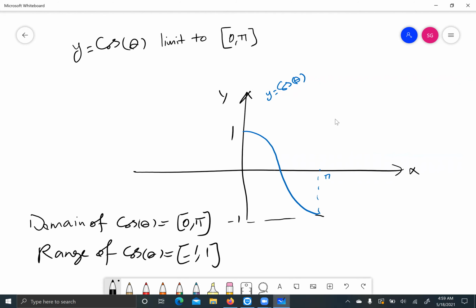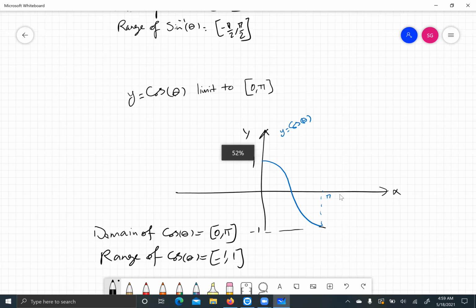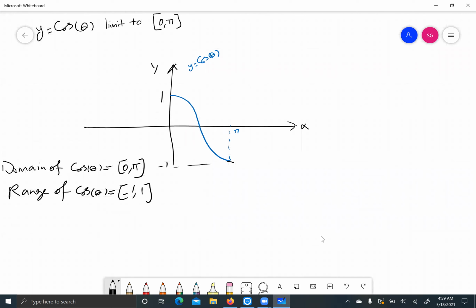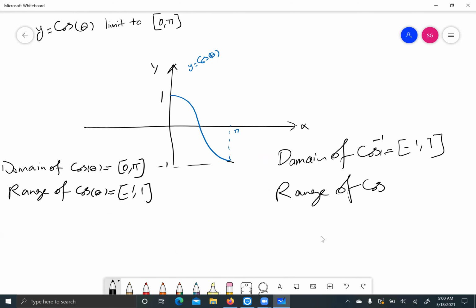Now, if we can define cosine inverse, the inverse function, the domain of cosine inverse is going to be, if you just switch the domain and range, negative 1 to 1, and the range of the inverse is going to be 0 to pi. Okay, so just switch the domain and range for these two functions.